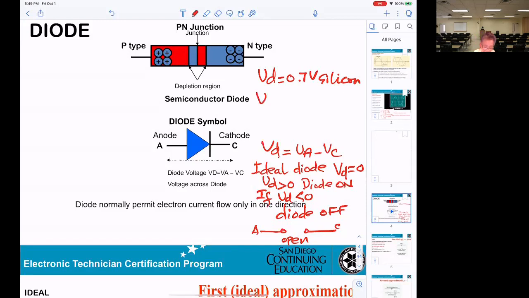And VD is 0.3 for germanium. Okay. Same thing. VD greater than 0.7, diode on. LED diode on.